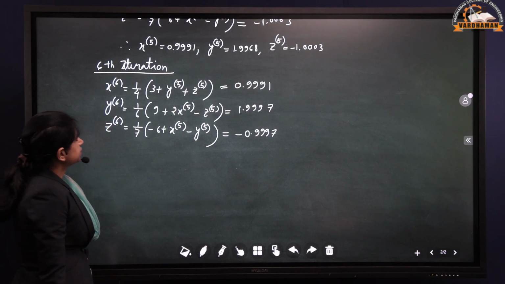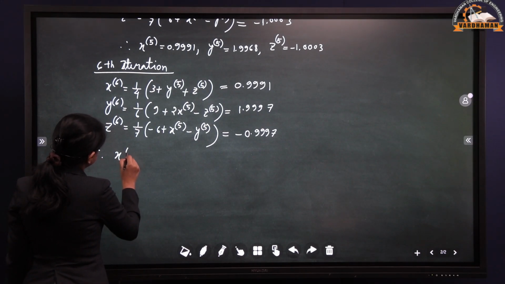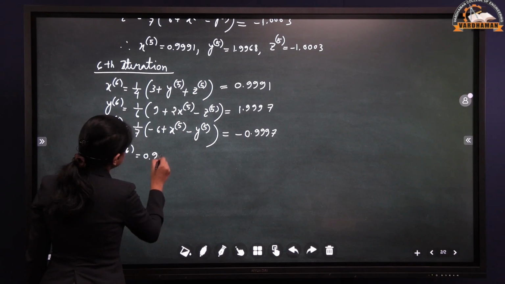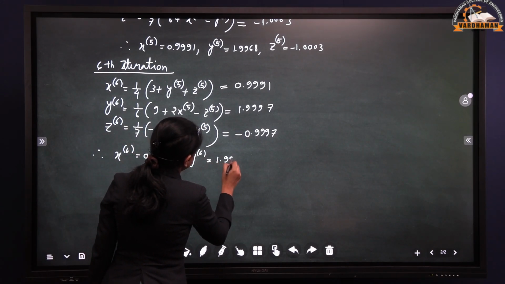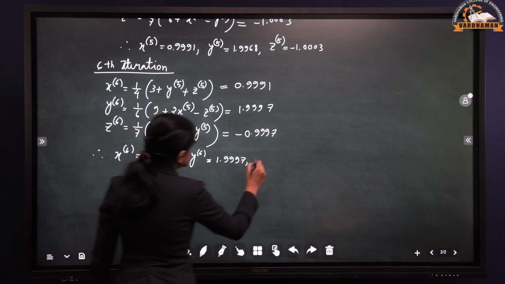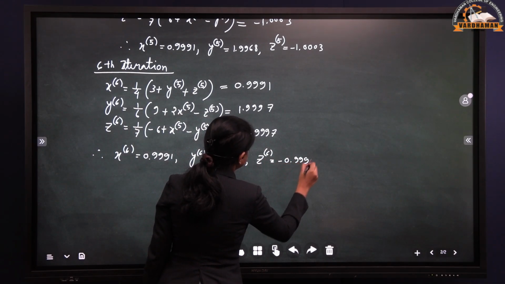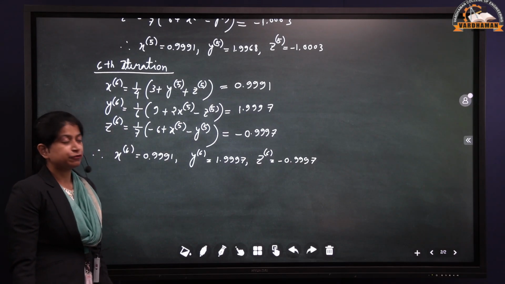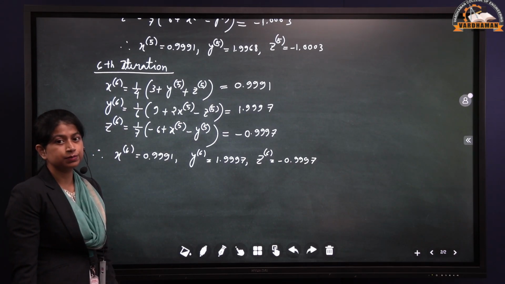So we are getting the sixth iteration approximate values as x6 is equal to 0.9991, y6 is equal to 1.9997 and z6 is equal to minus 0.9997.